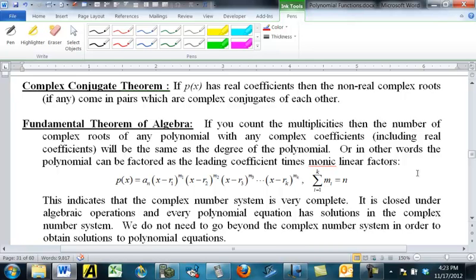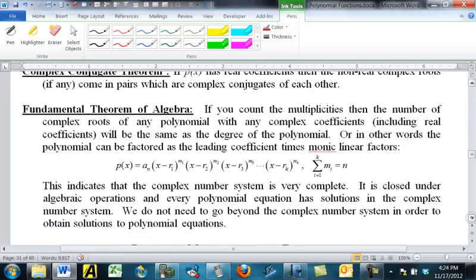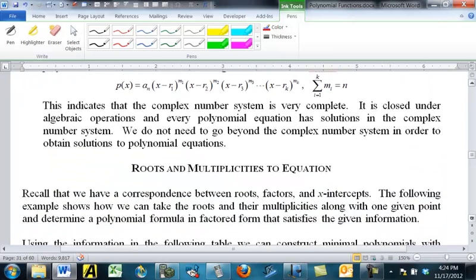It says that every single polynomial is going to factor all the way down to linear factors. And so there is no prime polynomial that's bigger than a linear factor if you're allowing complex coefficients. Now, some things won't factor if you only allow real coefficients.